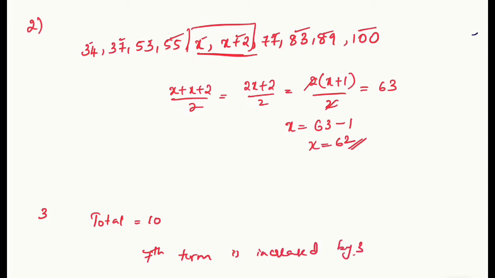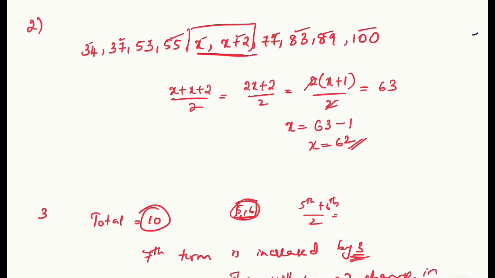If there are 10 numbers, we have to worry only about the 5th and 6th terms, correct? Median is the 5th term plus the 6th term by 2, that is the 10 by 2 and 10 by 2 plus 1th term. So if the 7th term is increased by 3, there will be no change in the median. Hope it's clear.